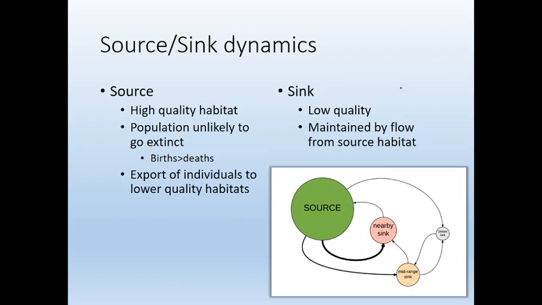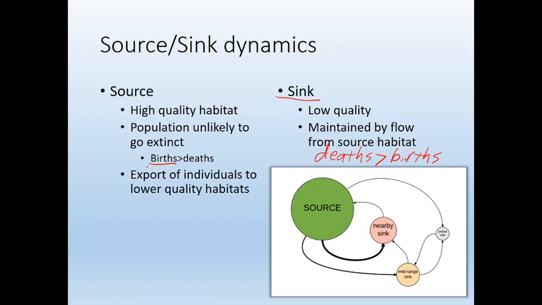Because births are more than deaths, those organisms have to go somewhere, and they're often exported to other habitats, potentially habitats of lower quality. That's what a sink habitat is. A sink habitat is a low-quality habitat where deaths are higher than births. So maybe I should write that in here: you do have more deaths than births.